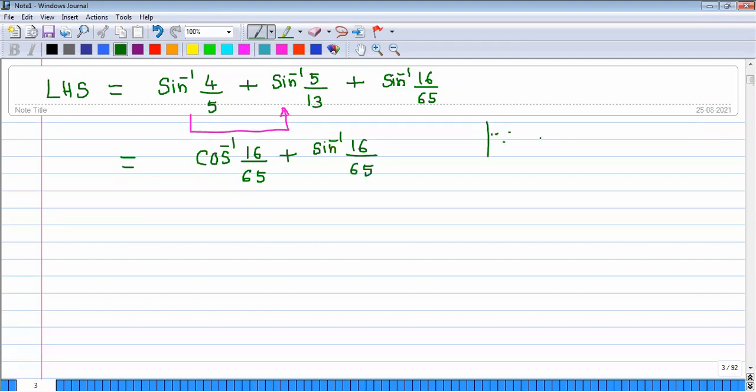So we have the formula sin inverse x plus cos inverse x is pi by 2. So this equals pi by 2, which is the RHS. Hence it is proved.